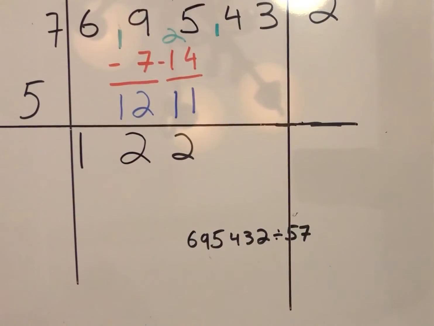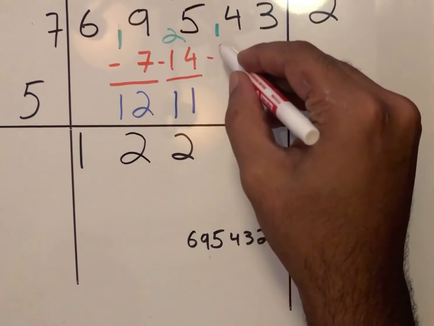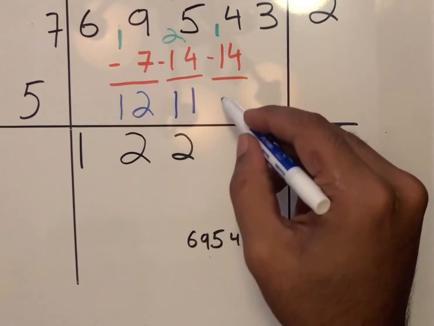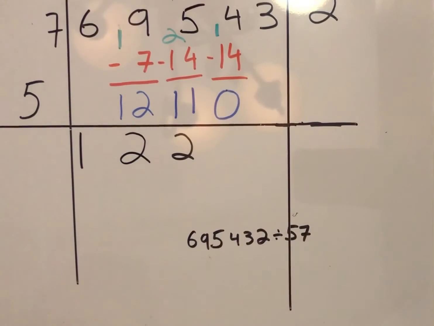Now I'm ready to make my adjustment. So repeat the process. 7 times 2 is 14 again. So my adjusted dividend now is 0. Okay, it's just 0. And how many times does 5 go into 0? We know the answer to that is 0.